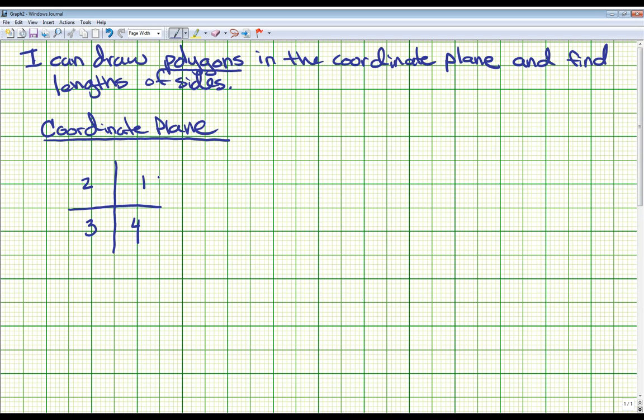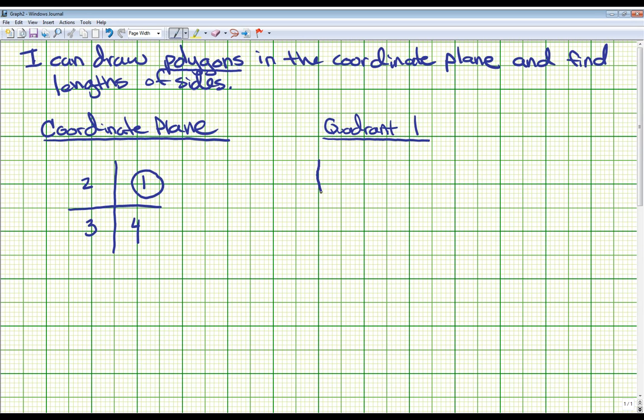And today we're focusing on quadrant number 1, so we're only looking at this section of our coordinate plane because all of these numbers in this section are going to be positive numbers, and we haven't discussed negative numbers yet. So we're going to be looking at quadrant 1 today.